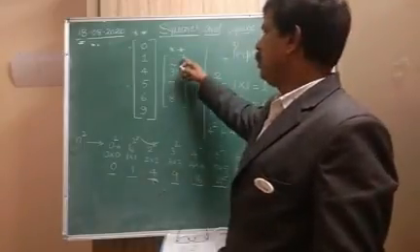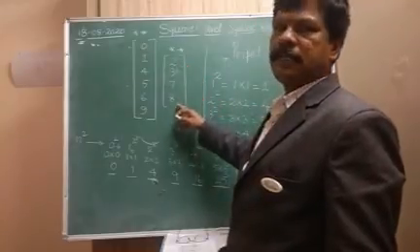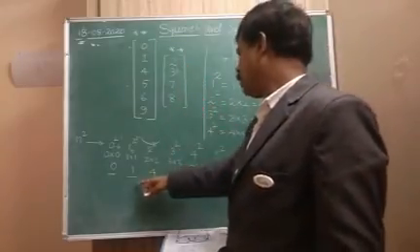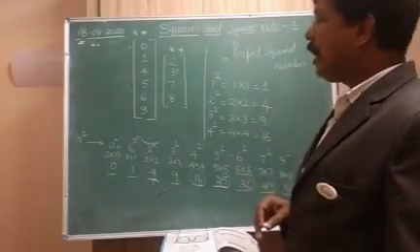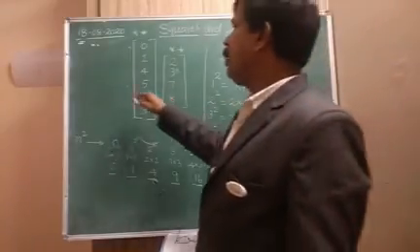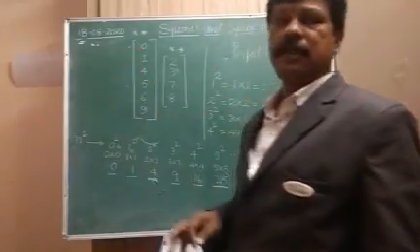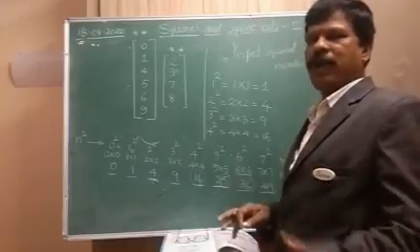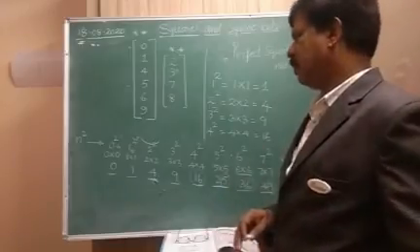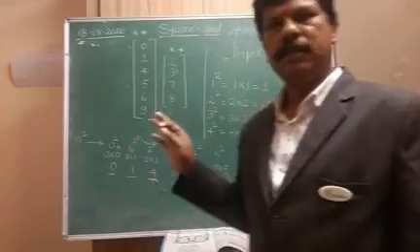Clear? These 4 digits do not occur in the unit place of a perfect square number. Right? Then, if a number ends with these digits, that number is never a perfect square number. Remember this. Have you understood this?